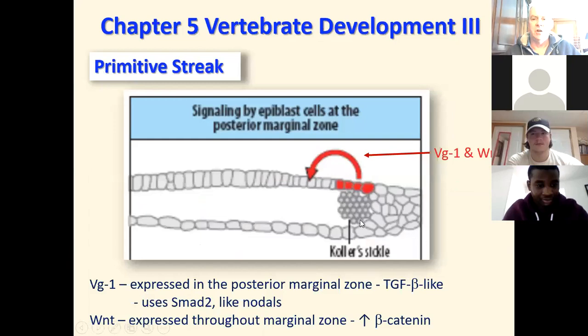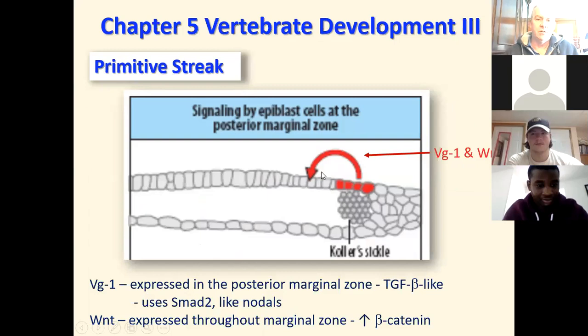Okay, so over here Koller's sickle is going to be releasing Vg1 and Wnt. Vg1 is the TGF beta-like signaling molecule, and it goes to SMAD2. I just looked that up. And Wnt is Wnt.